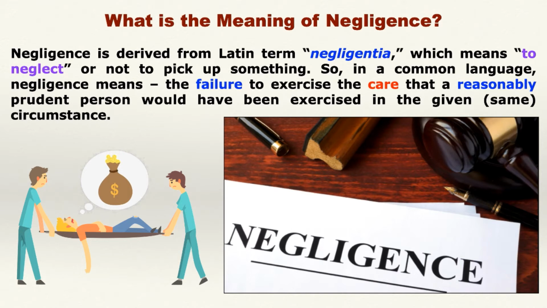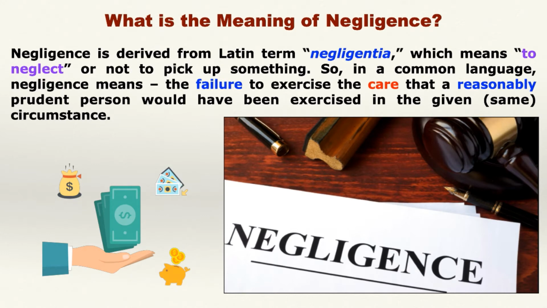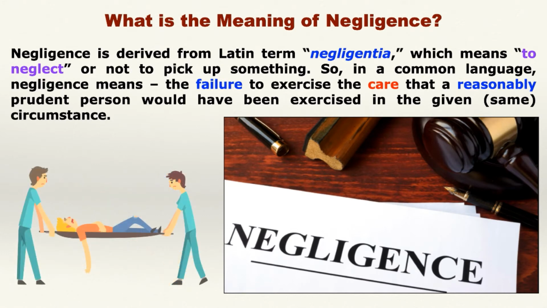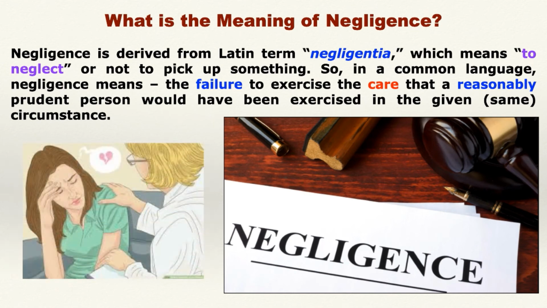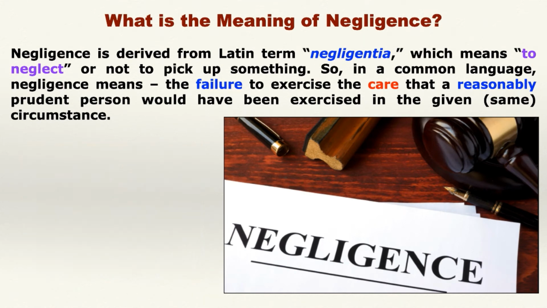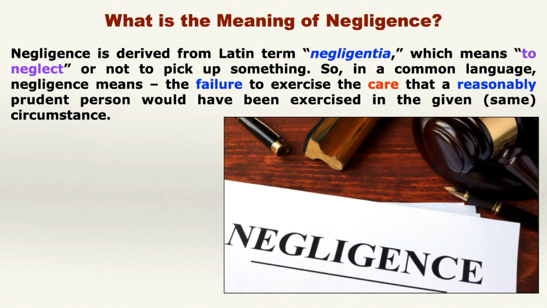So whatever damage the wrongdoer caused to the plaintiff or the claimant, whether financial, bodily injury, property damage, or relationship damage, the defendant will be responsible for that. Okay, so that is the concept of negligence.